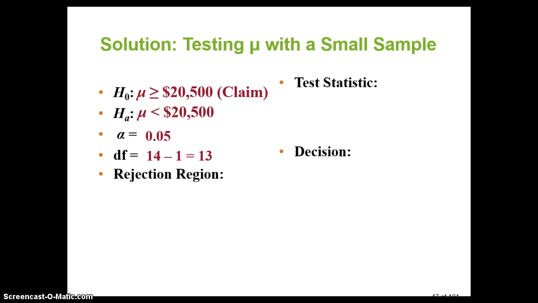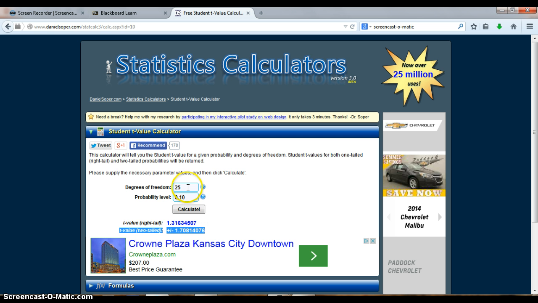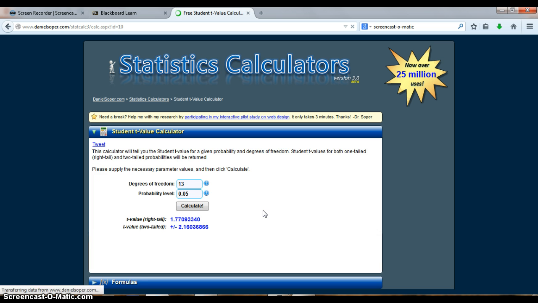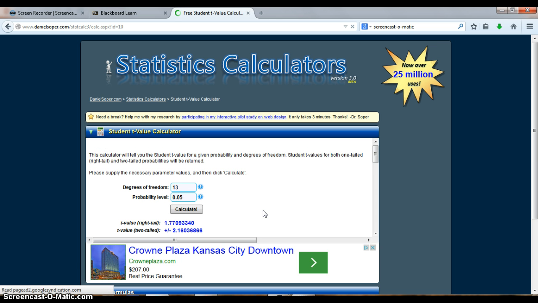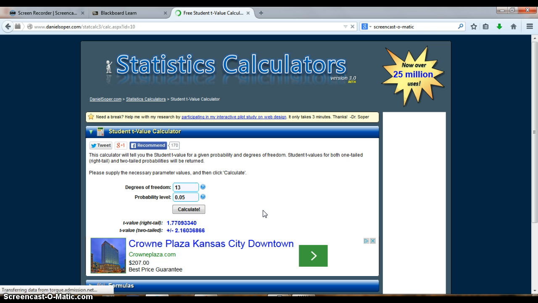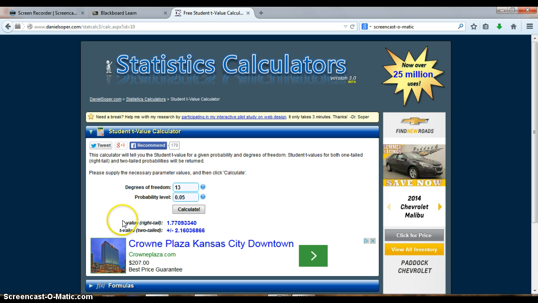So let's look up our rejection region on the online calculator. We have 13 degrees of freedom, and they told us the alpha level is 0.05, and we say calculate. Of these two critical value options that are given to us, we know that it's going to be a one-tailed test because our HA statement was mu is less than $20,500.